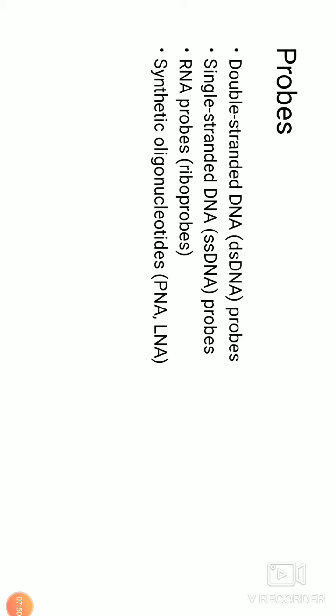Similarly, an RNA probe is a short sequence of RNA labeled isotopically or chemically that is used for detection of a complementary nucleotide sequence. They are also known as riboprobes or complementary probes, and are often used in situ hybridization because of high sensitivity.